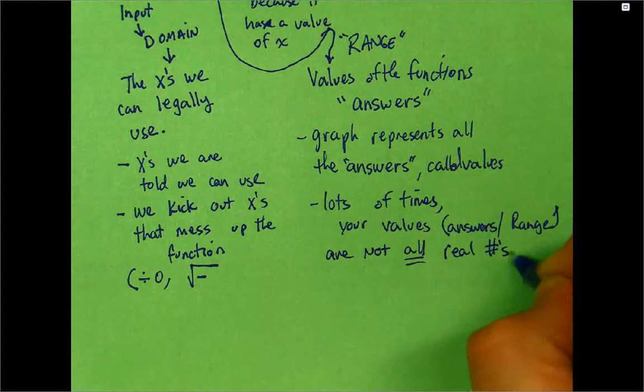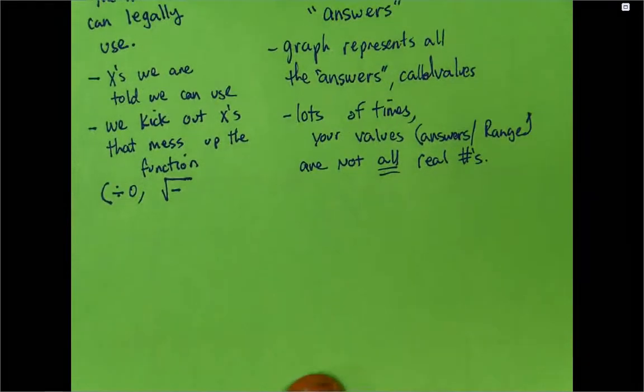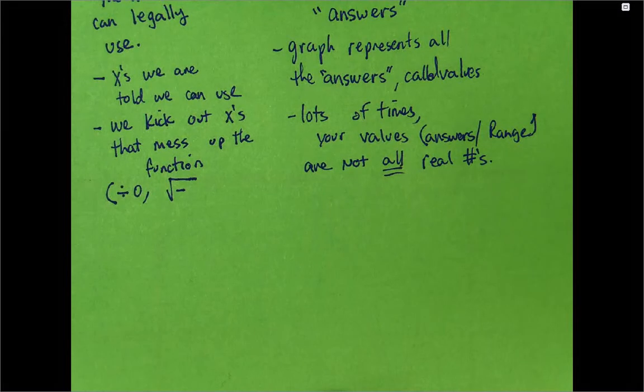So you get to put on your Sherlock Holmes hat and figure out, all right, based on the graph, what are the answers? What are the answers that we possibly can get? And a lot of times when you're looking at the graph, I'm going to show you different ways that you can figure out what your domain and range is, just by looking at the graph. And that's what part of this packet is doing. This packet is trying to help you come up with these different answers.